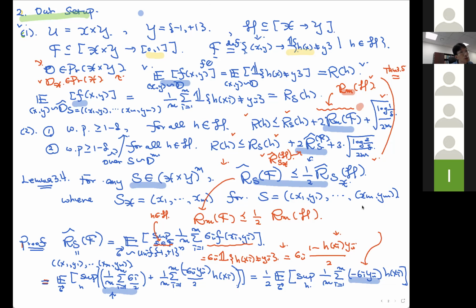Here we note that sigma 1 up to sigma m are random variables, uniform random between -1 and +1 for all the m variables. Then if you compare minus y1 sigma 1, up to minus ym sigma m, these two have the same distribution.